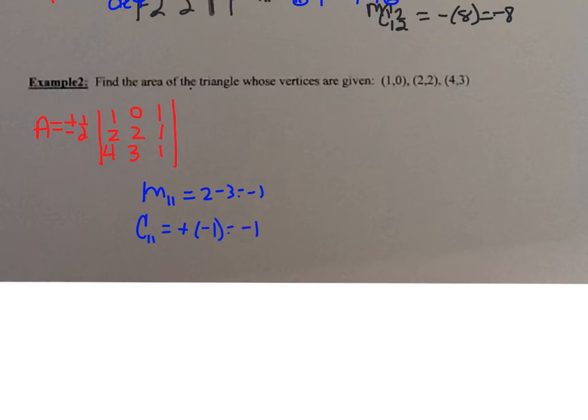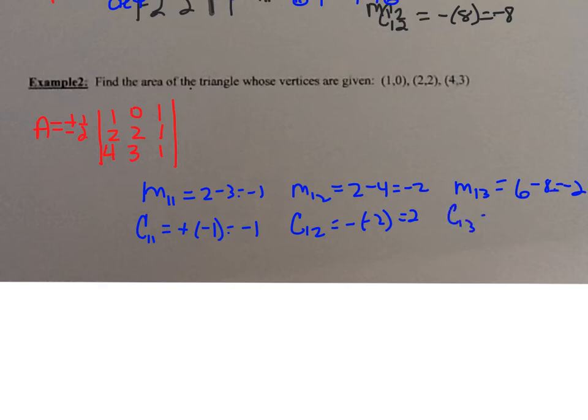And then I'm going to do my minor 1,2. Minor 1,2 is going to be 2 minus 4, which is negative 2. My cofactor 1,2 is going to be negative 1 times negative 2, which is 2. And then my minor 1,3 is going to be 6 minus 8 equals negative 2. And my cofactor 1,3 is going to be positive 1 times negative 2, which is going to be negative 2.